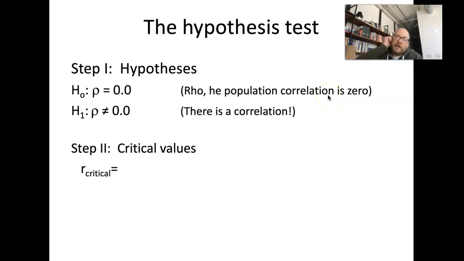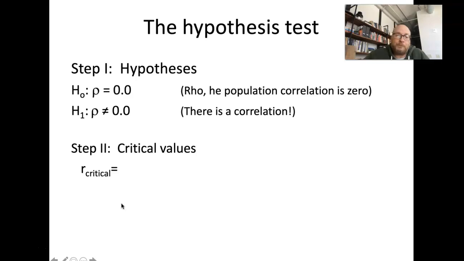So remember from the last video, 0 means no correlation at all. Now, we expect our samples to vary from that a little bit, but if we have a significantly different value, we are willing to say our sample will be something other than 0, or that there is a correlation.